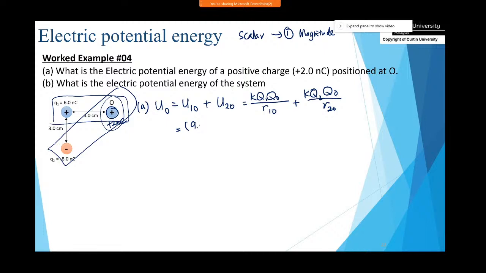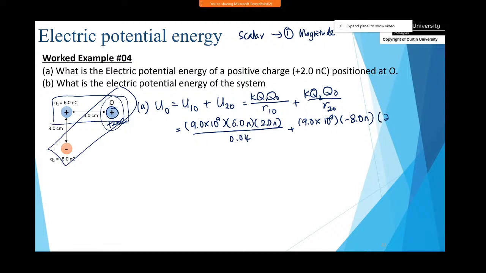So 9 times 10 to the power of 9, Q1 is 6 nanocoulomb. Charge at point O is 2 nanocoulomb. Divide by the distance, 0.04, SI unit. Q2 is negative nanocoulomb.